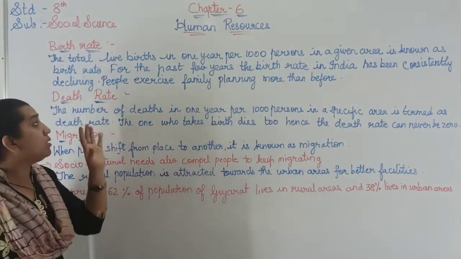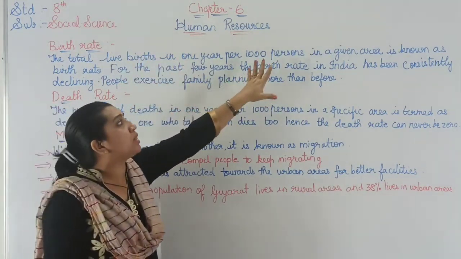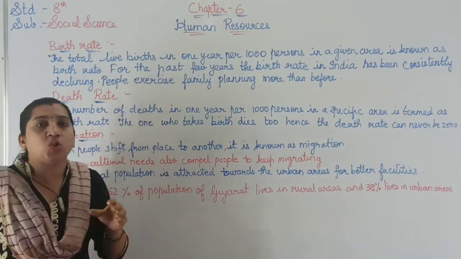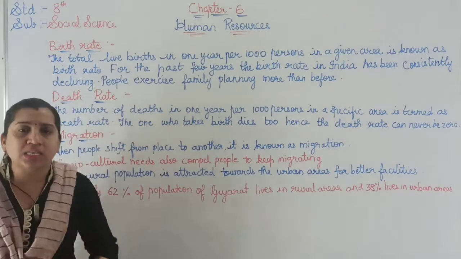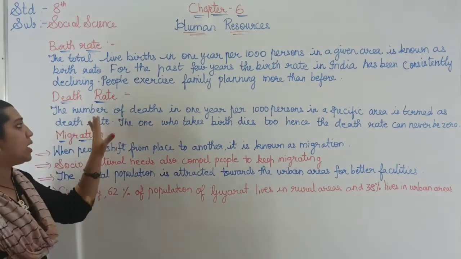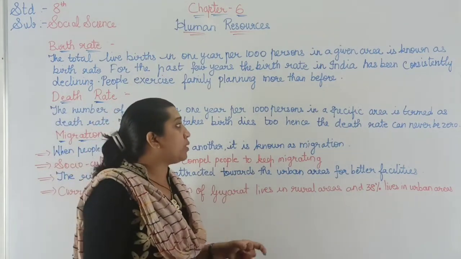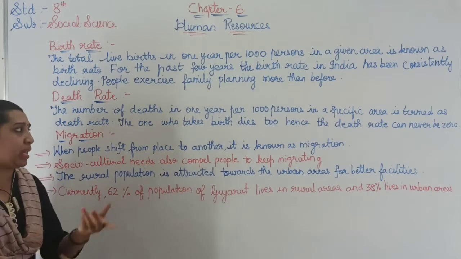Now here, the death rate. As in the birth rate, the number of births per 1,000 persons in a given area in a year is known as the birth rate. In the same way, the number of deaths in 1 year per 1,000 persons in a specific area is termed the death rate.